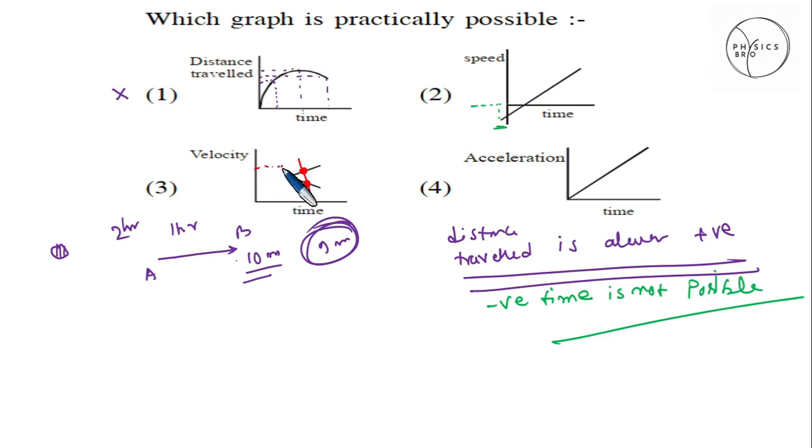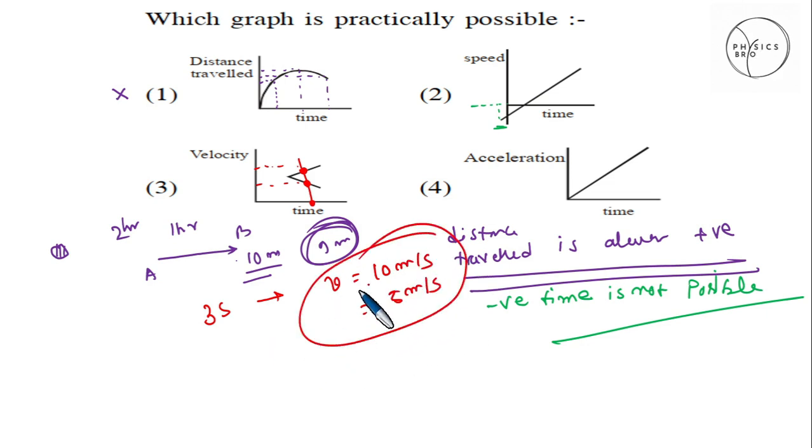Is it possible? Say at 3 seconds the velocity of some particle is 10 meters per second, and also 5 meters per second. Is it physically possible? No, it is not physically possible. For a single time there must be a single velocity. This is common sense.